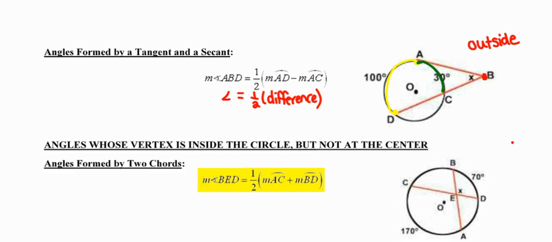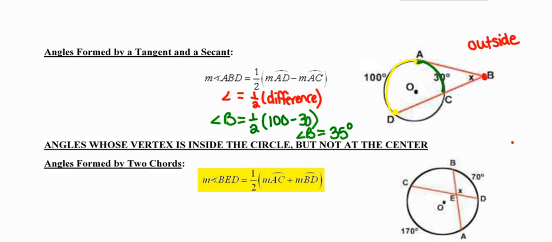The other of those arcs is going to be the 30-degree arc. So the degree measure of angle B is going to be half of the difference between 100 and 30, or half of 70, making the degree measure of angle B 35 degrees.